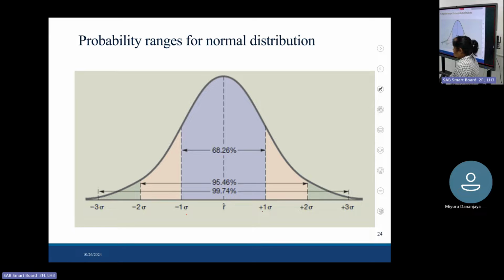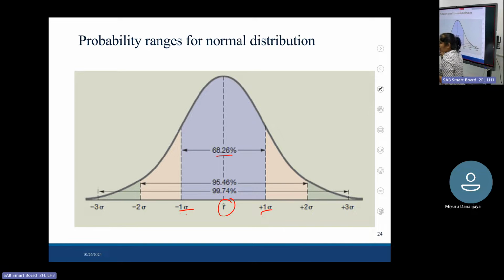That is the meaning of the 68.26% confidence.